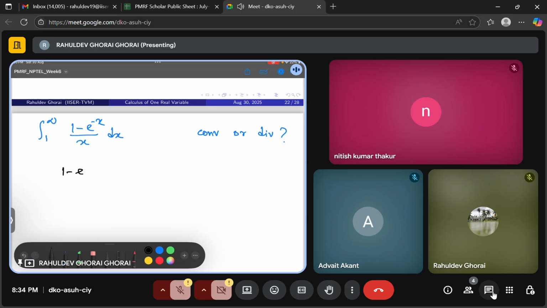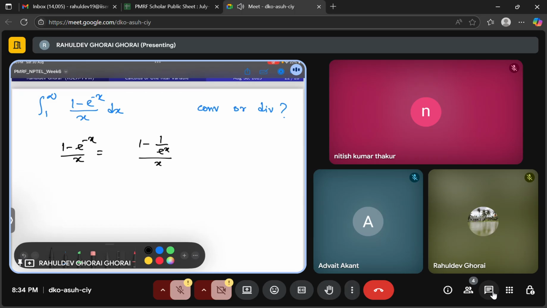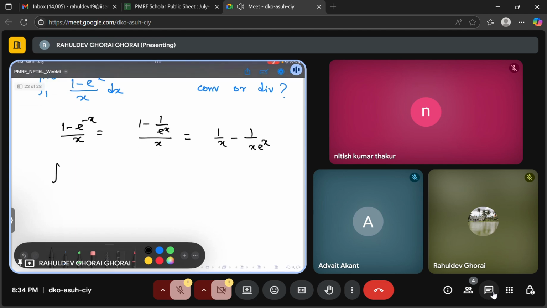So (1 minus e to the power minus x) over x can be written as (1 minus 1 by e to the power x) over x, right? And that is equal to 1 by x minus 1 by (x e to the power x). So the whole thing will be the integral from 1 to infinity of 1 by x dx minus the integral from 1 to infinity of 1 by (x e to the power x) dx, right?